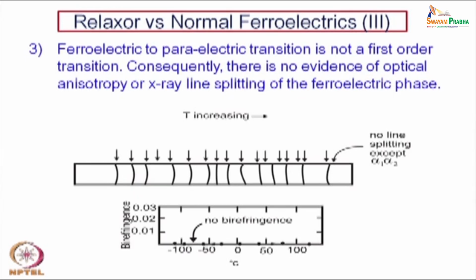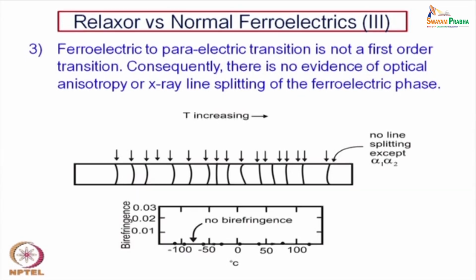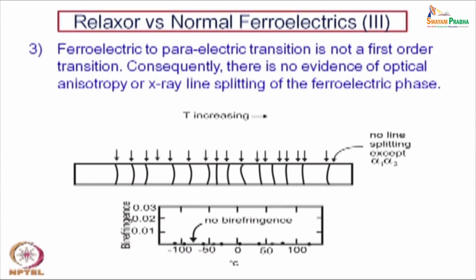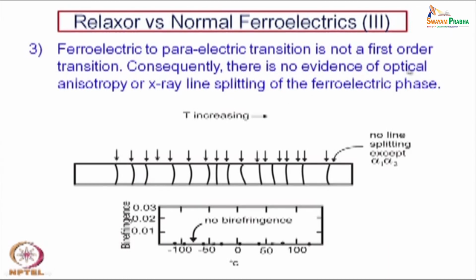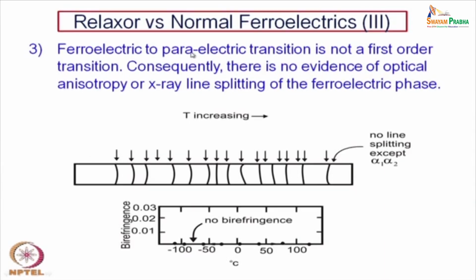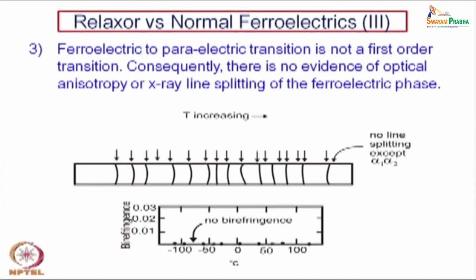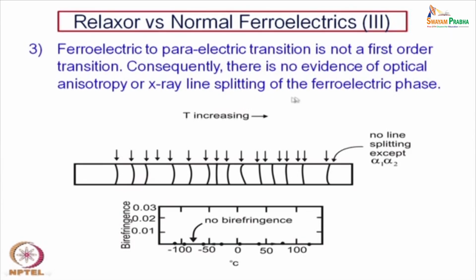of normal ferroelectric materials. Because of the ferroelectric to paraelectric transition at the Curie point, there is always evidence of optical anisotropy from one crystal structure to another, and also what we call X-ray line splitting of the ferroelectric phase.